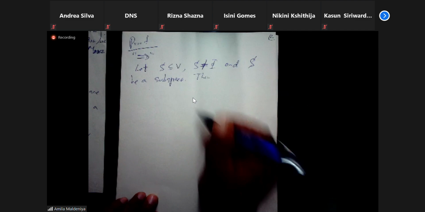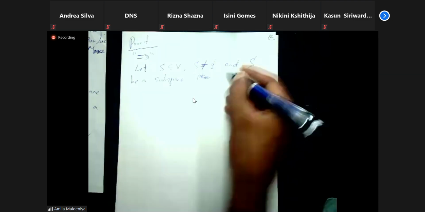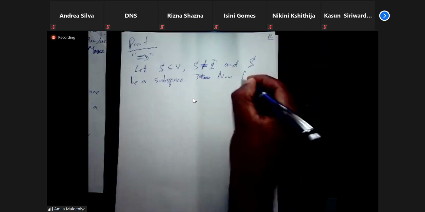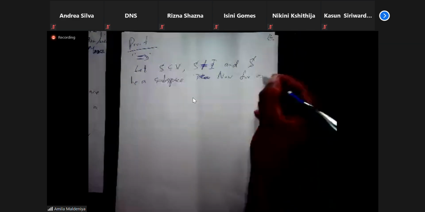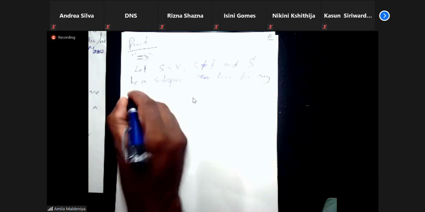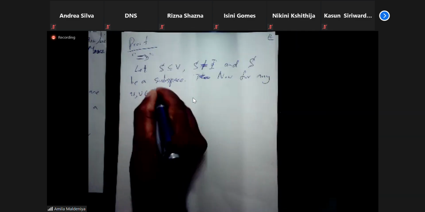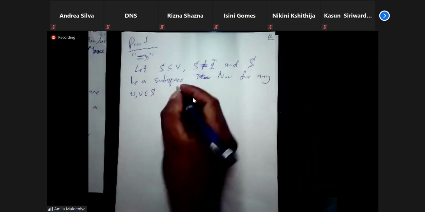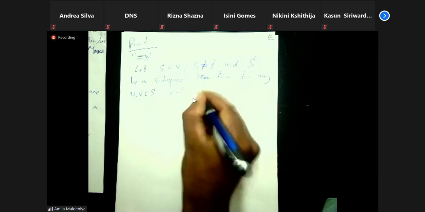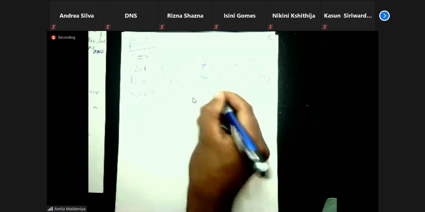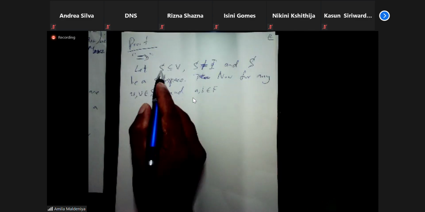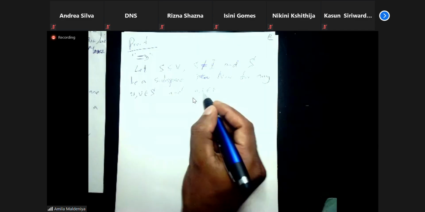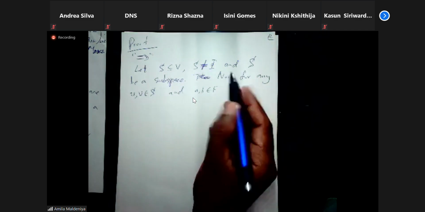Now, for any U and V elements from the S and scalars. Okay, U and V from the S, from the subspace, A and B from the real numbers, complex numbers, scalars.